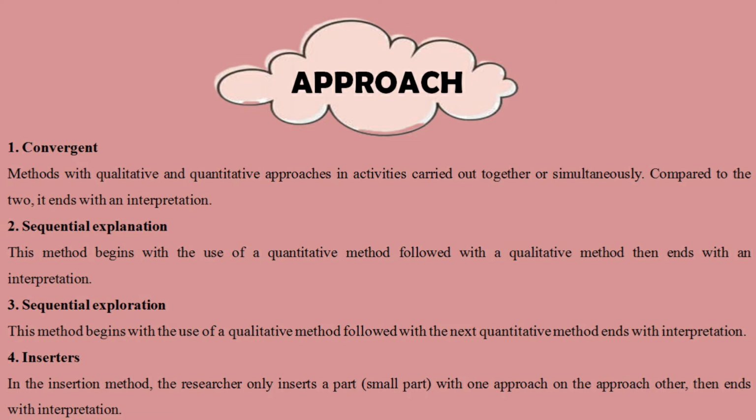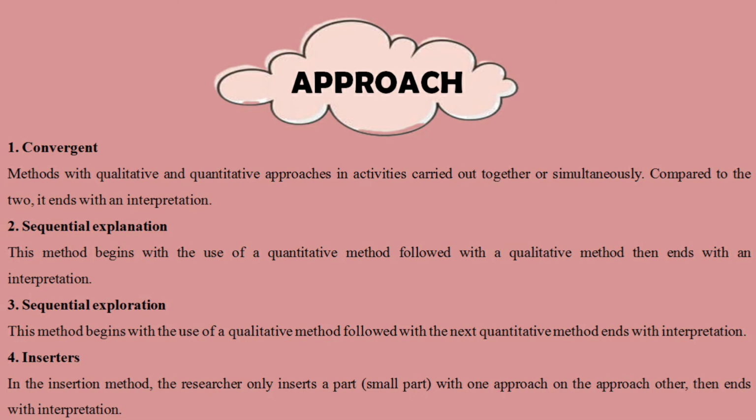Approach. First, convergent. Convergent is methods with qualitative and quantitative approaches in activities carried out together or simultaneously. Compared to the two, it ends with an interpretation. Second, sequential explanations.